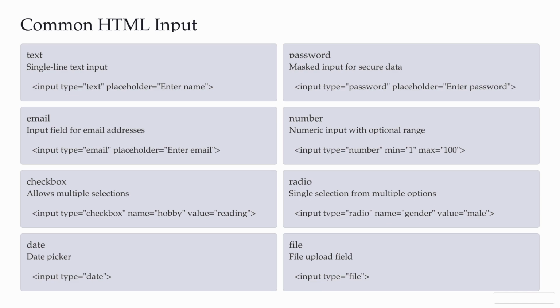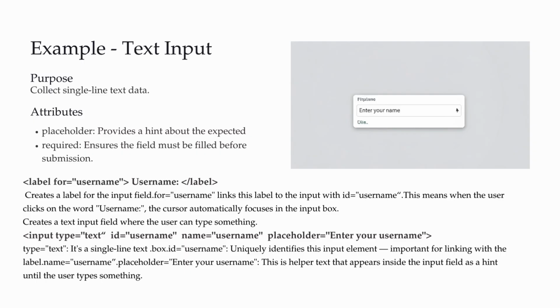Checkbox: allows multiple selections, input type equals checkbox, name equals hobby, value equals reading. Radio: single selection from multiple options, input type equals radio, name equals gender, value equals male. Date: date picker, input type equals date. File: upload field, input type equals file.